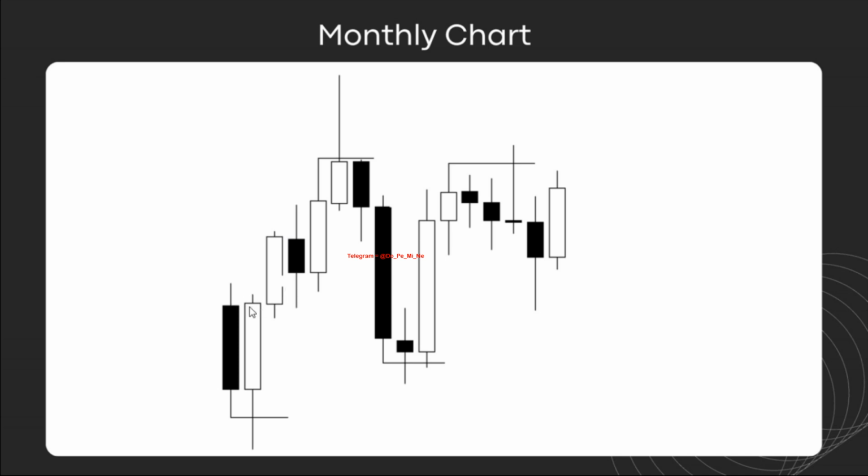So it means your directional bias for the first half of the month would be bearish. You would be expecting bearish prices until this candle's open or high is tested, and then your directional bias would again become bullish because now you know that price can find support here and expand higher. So you can see here we are using logic again and looking at it with a dynamic and logical perspective, right?